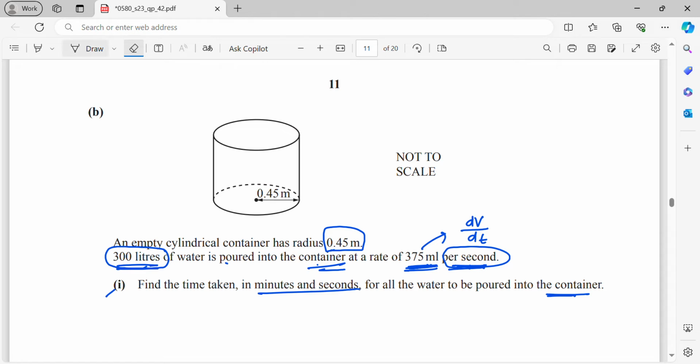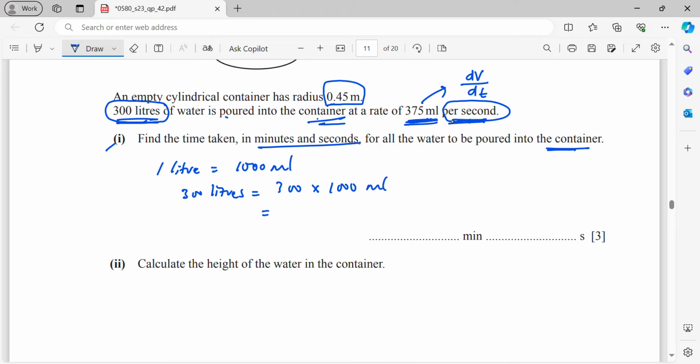So we know that 1 liter is 1000 milliliter. Okay, that means now 300 liters, it will be 300 times 1000 ml. Therefore, you will be getting this much ml. Okay, this is the volume. Now, you have to divide by 375 because per second it will just be 375.